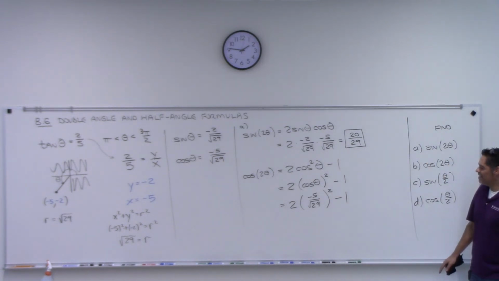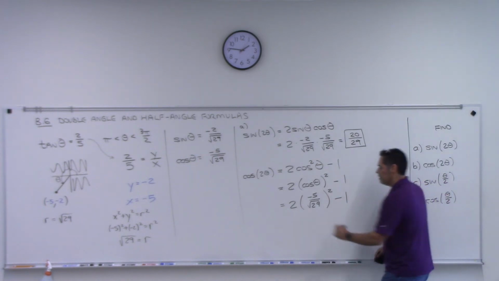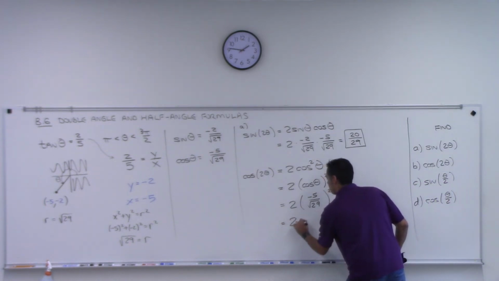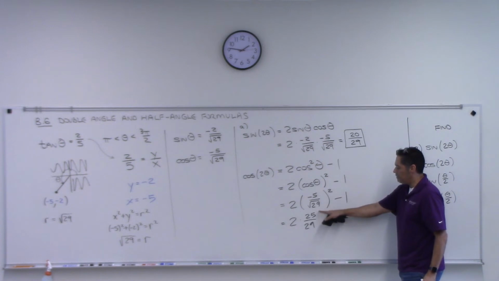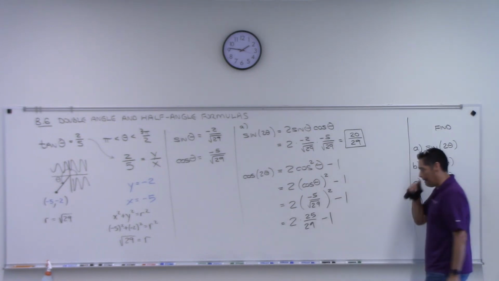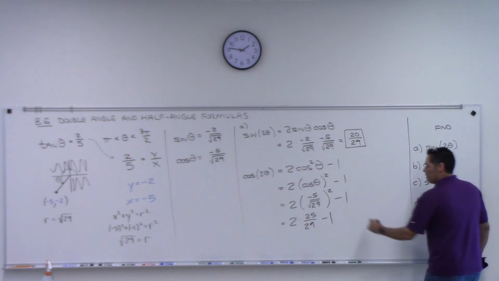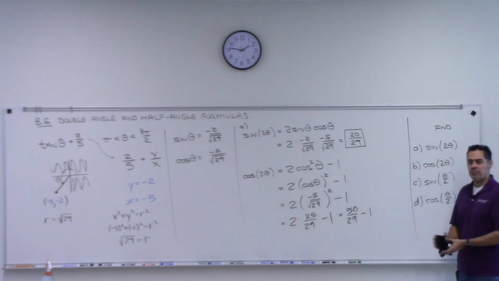And then when we square this, the negative is going to go away, right? So we're going to get 2 times 25 over 29. So we square the negative 5, we get positive 25. Square the square root, we get 29. Take away 1. That's the same as 50 over 29 minus 1. Right?